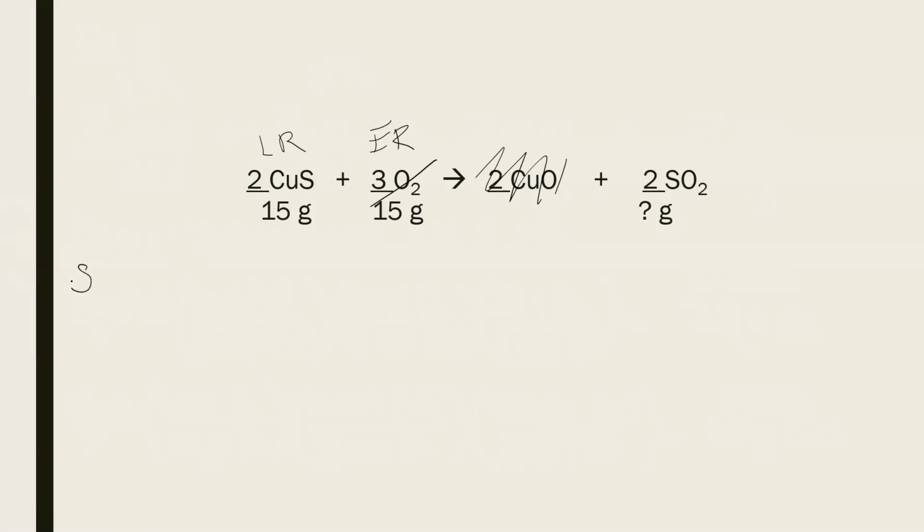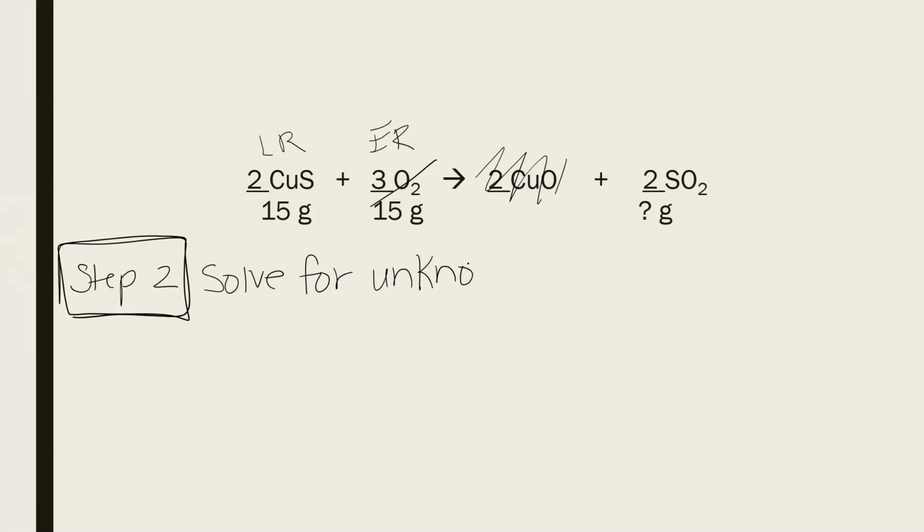Step 2 is to solve for the unknown, specifically the mass. And if you want to jump ahead a tiny bit to our next lesson, that is called the theoretical yield. Did I spell theoretical wrong?